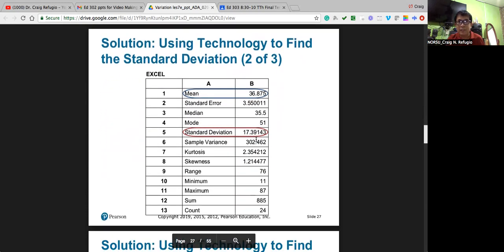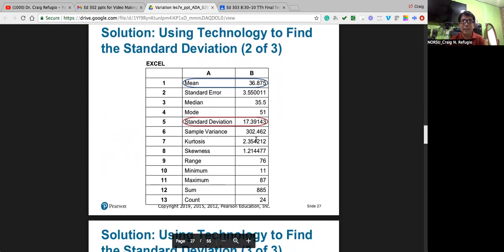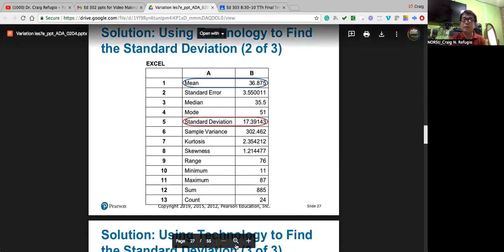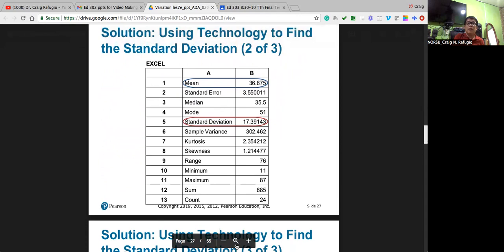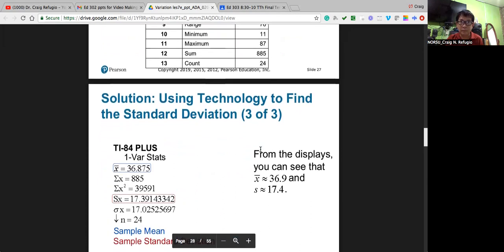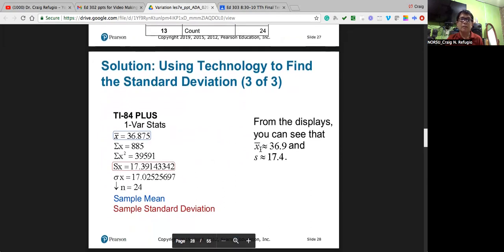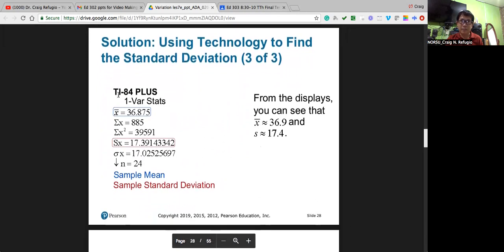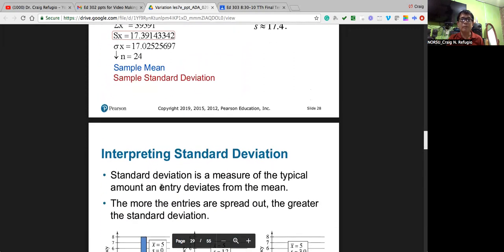Using Microsoft Excel is what we're going to use next time. We have Excel, with different data from row number 1 up to row number 38. That's what we are going to look at next time, how to use Microsoft Excel. And then we look into the TI-84, another technology, which automatically calculates those different values directly.